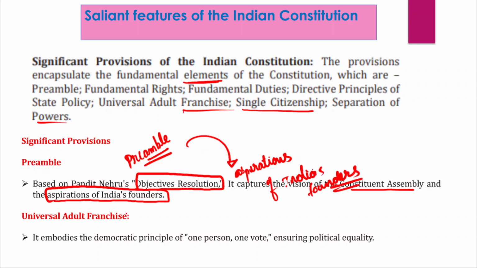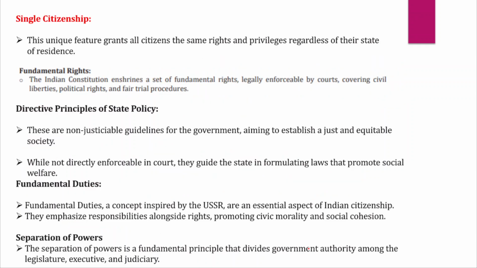Universal adult franchise is also one of the significant features of the Indian Constitution, because it embodies the democratic principle of one person, one vote, thereby ensuring the political equality of all individuals irrespective of any discrimination or distinction.